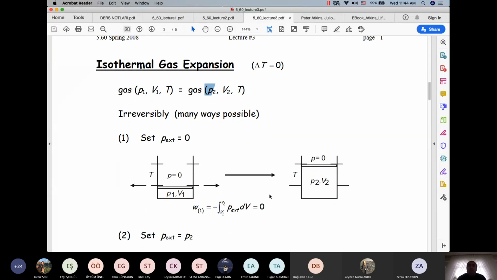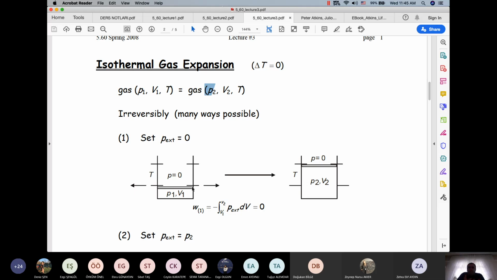So this is the expansion work. If I set the external pressure to 0, and there are holdings that hold this in its place, and there are some other holdings over there. When I remove the first holdings, the system goes up all of a sudden, and then stays there.